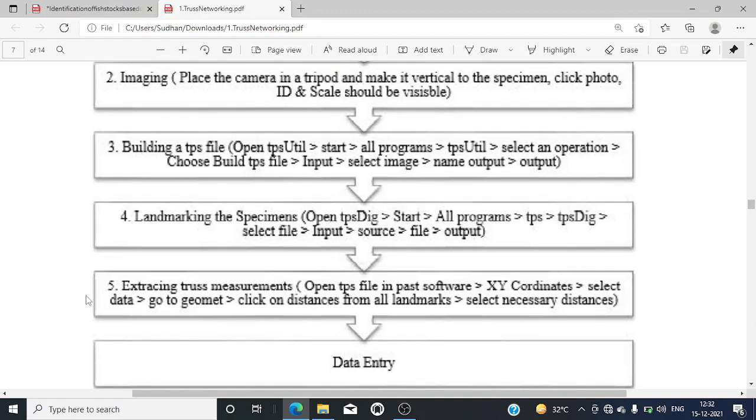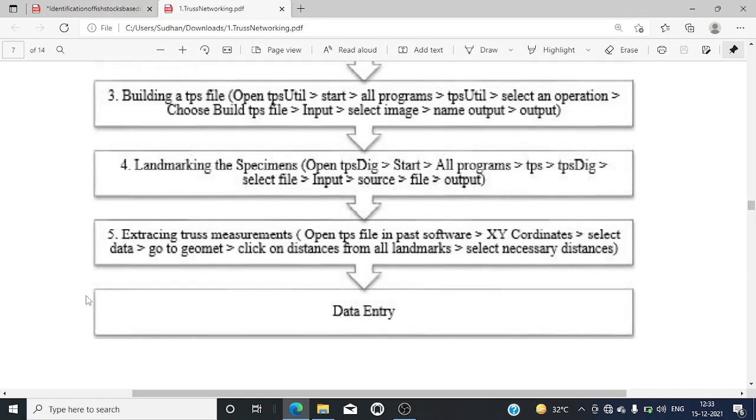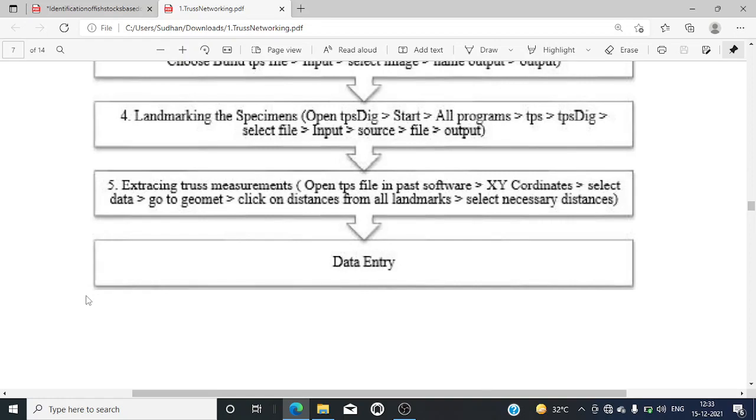Then PAST is used to obtain the landmarks which have been plotted in XY coordinates, by using distances from all landmarks. Then you can convert it, and you can export it to Excel, or you can just copy and paste it.